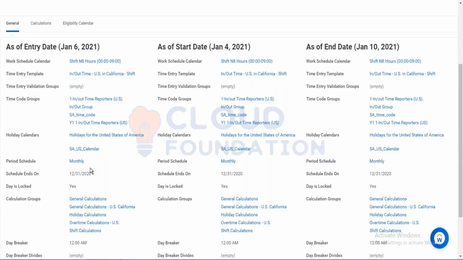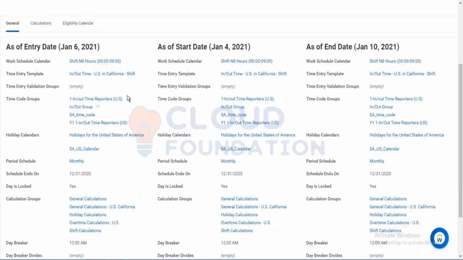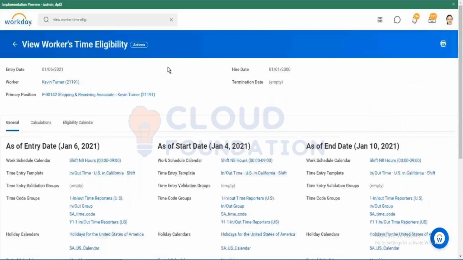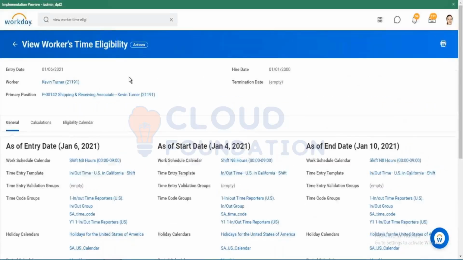So can't we just edit from this page and add a period schedule here? No, we cannot edit, because this is just a view. It gives you the reports. It is a basic, standard report kind of thing. So basically you went to that eligibility rule and added this particular time entry template that he's already using?